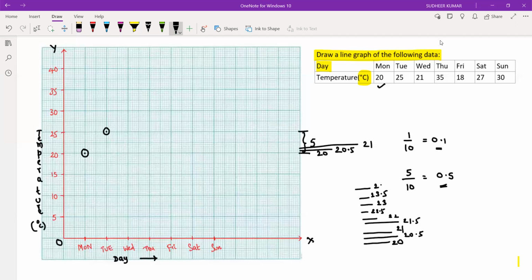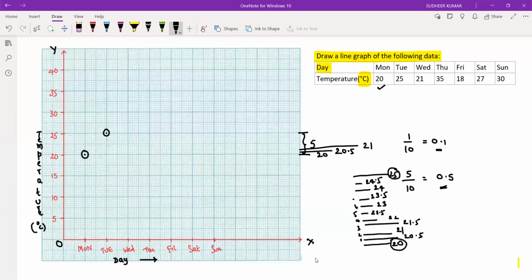The next one 24. The next one is 24.5. And then it is 25. So this is 20. This is first small line, second small line, third one, 4, 5, 6, and 7, 8, 9. This is the 10th one. The 10th one is nothing but 25.